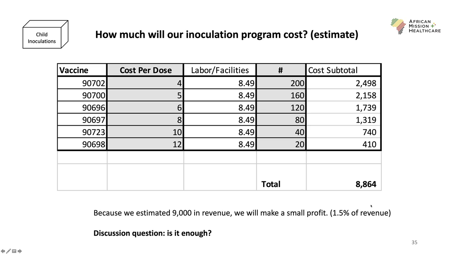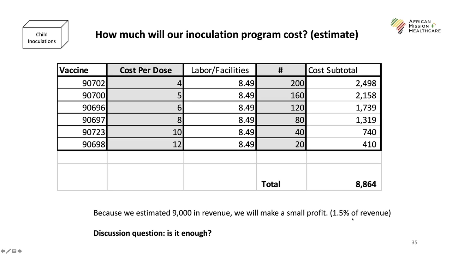And the question is, is that enough? And the reality of it is probably not, because if we're only expecting to make 1.5% profit on the overall operation, the estimating error might be significantly larger than that.